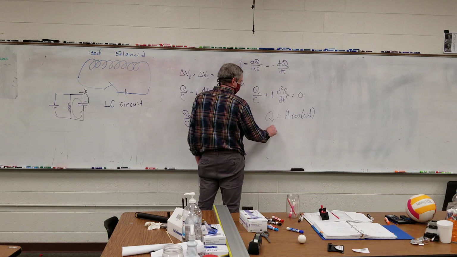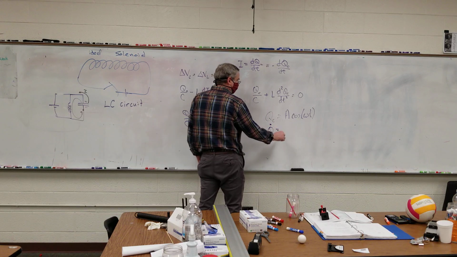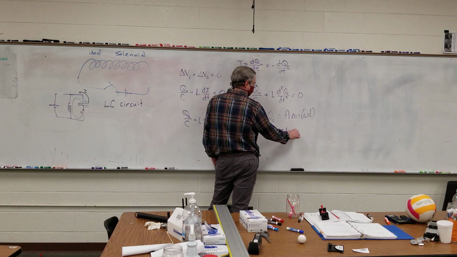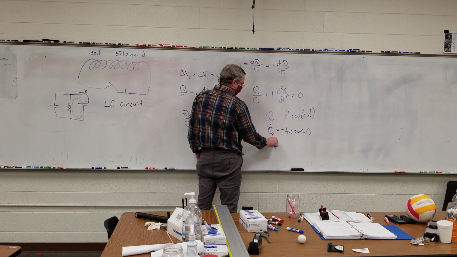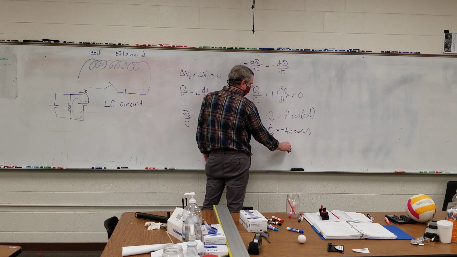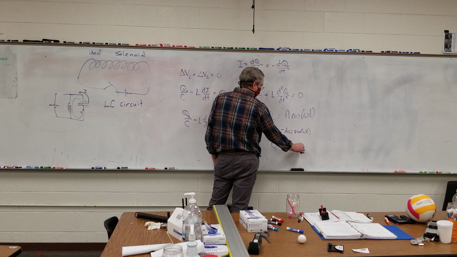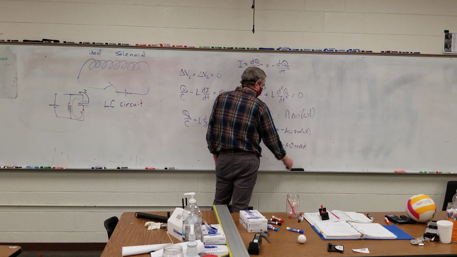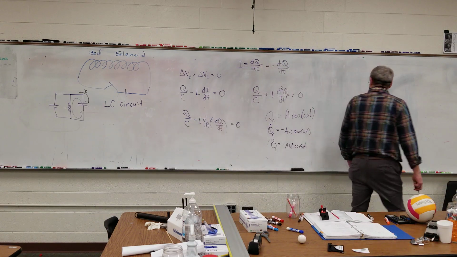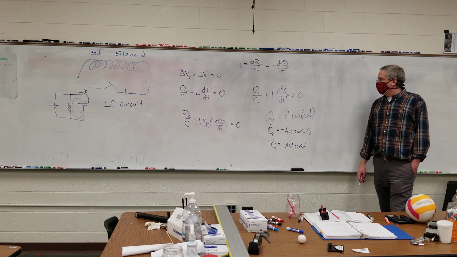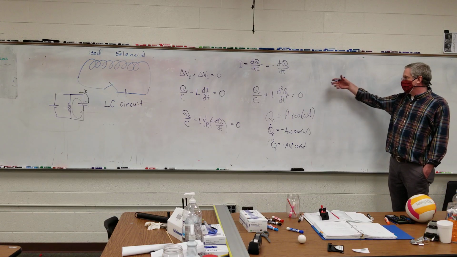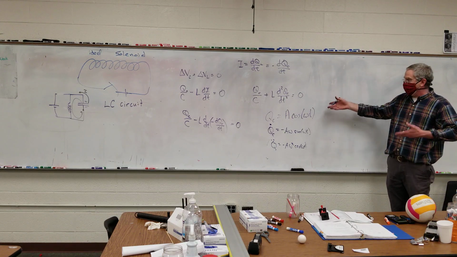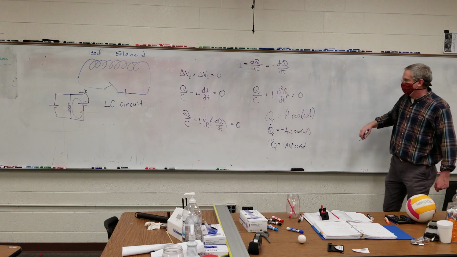So my first derivative with respect to time would be negative A omega sine omega t. And the second derivative with respect to time, negative A omega squared cosine omega t. So plugging a formula here that will work for that second derivative, except I have this A here we need to deal with.